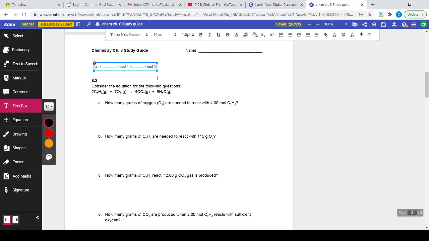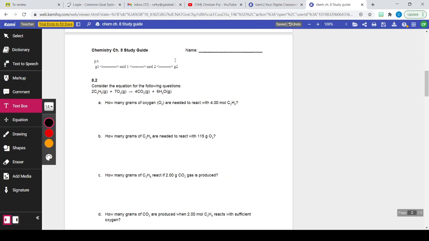This is how I switch over into a new substance, and then I can figure out how much that new substance weighs. Remember that anytime I'm in grams, I'm going to get that from the periodic table. Anytime I'm going from moles to grams, this is going to be 1. And then right here, my mole to mole step, I'm going to use the equation.